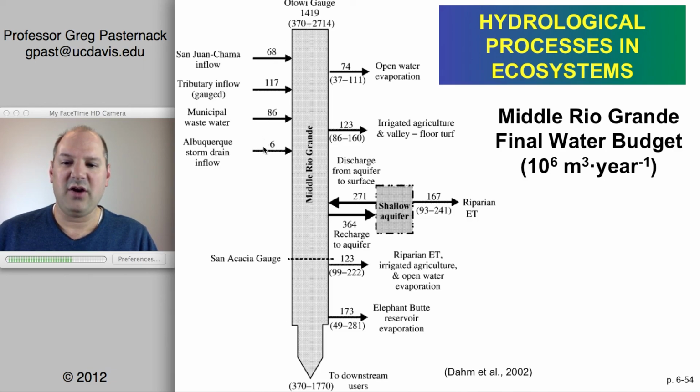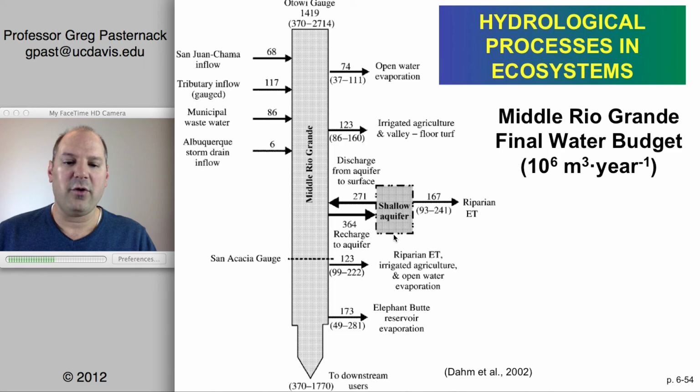There are some tributaries and municipal inflows that come in, so you can sum all those up. The river itself experiences open water evaporation. Irrigated agriculture is pulling water out, pumping it out for use in agriculture. The shallow aquifer is discharging water to the river, but it's also receiving recharged water to the aquifer, and in the net it's receiving more, so that's the transmission loss.